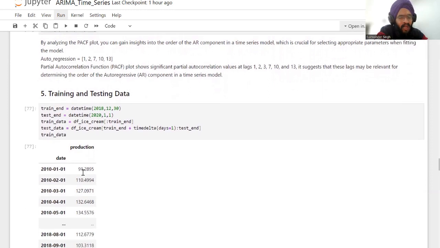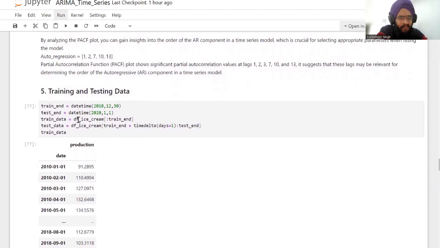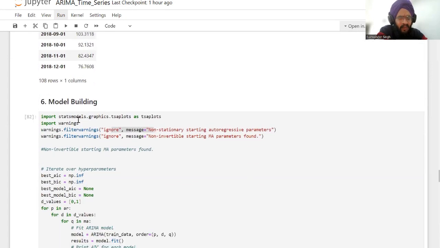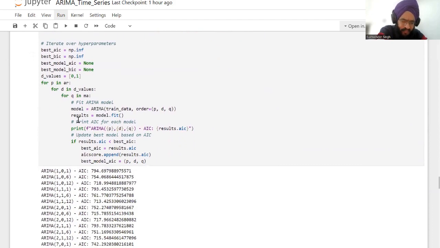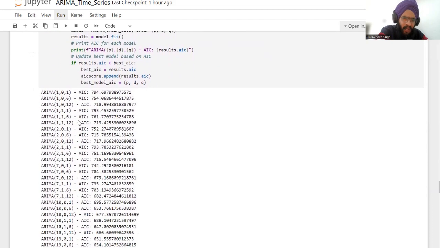Then we have to split the dataset into training and testing. After splitting the dataset, we are ready for the model building. And after model building, the model gives us the information, and with respect to the AIC, we can evaluate the model. In AIC, the lower the value we have, the better the model.